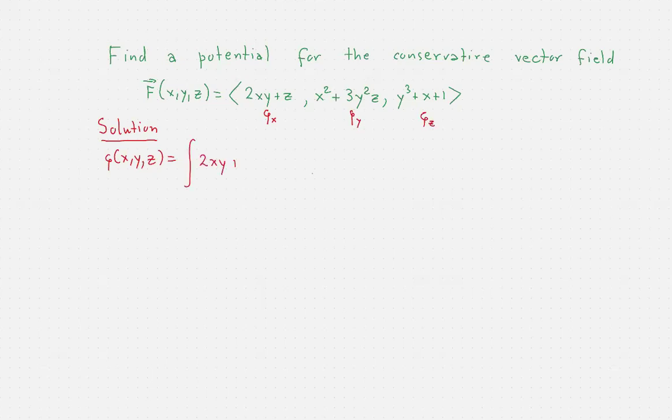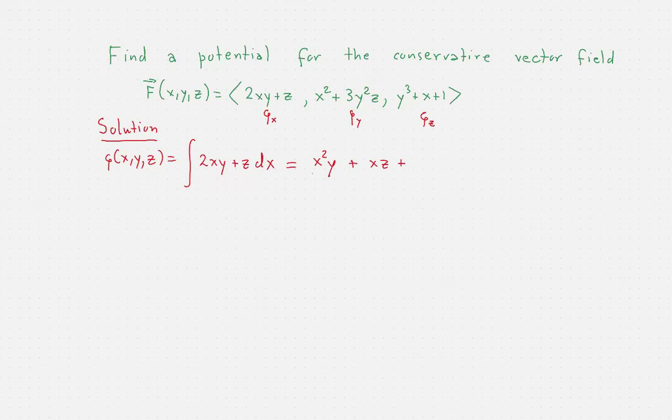And if we do so, we're going to find x squared y plus xz or zx. You can write it any way you'd like. And now here's the interesting thing, which is very similar to what we had in two dimensions. We cannot really say that all we're adding here is a constant, right? Because since partial differentiation is implied here, we can have any expression of y and z, and when we take the partial derivative with respect to x, that would have vanished.